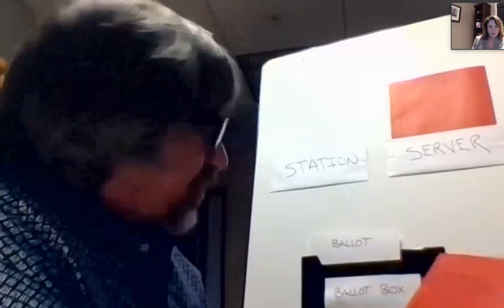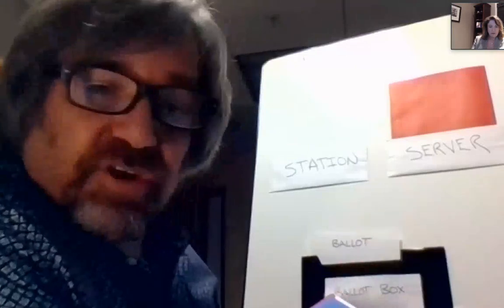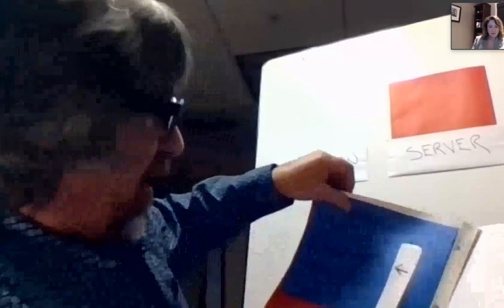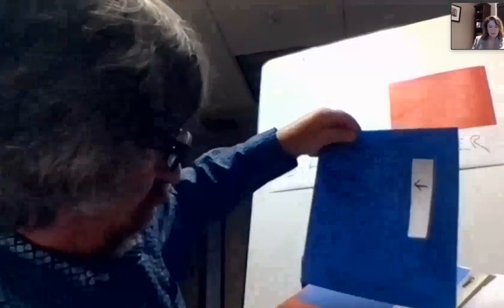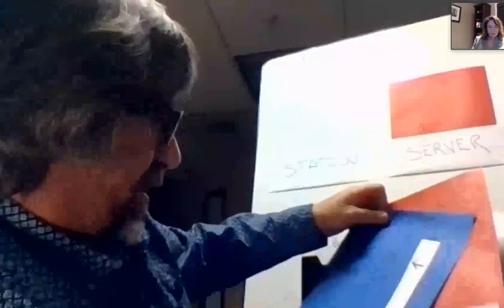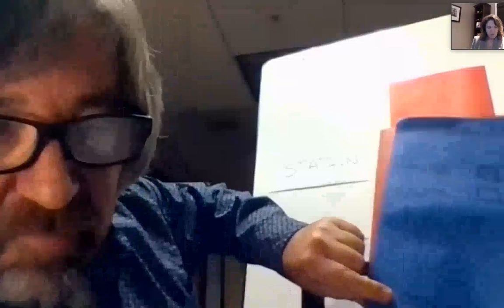Now, what happens as they're doing that is this ballot image number 1 is serialized. So I know I have ballot 1. I know it went through voting station 1 and I'm in the first polling place. Now this ballot image is copied to the server.